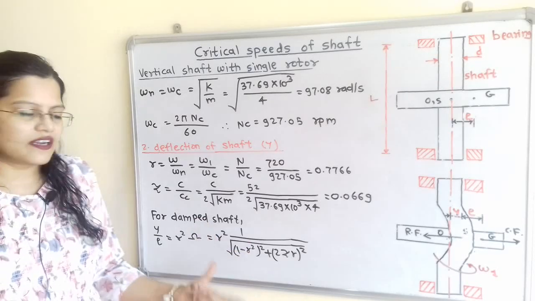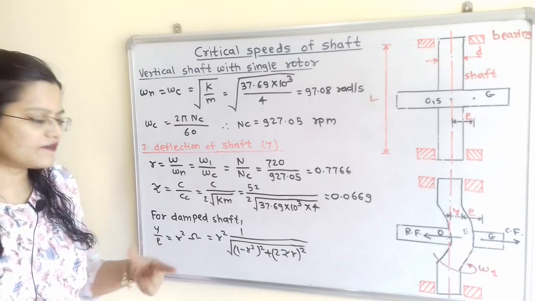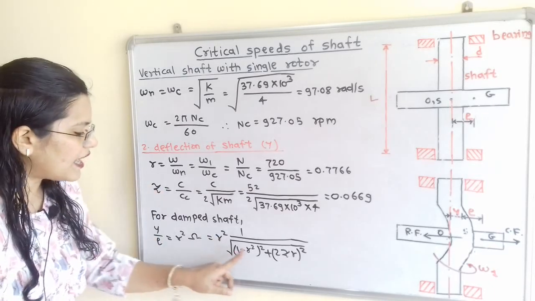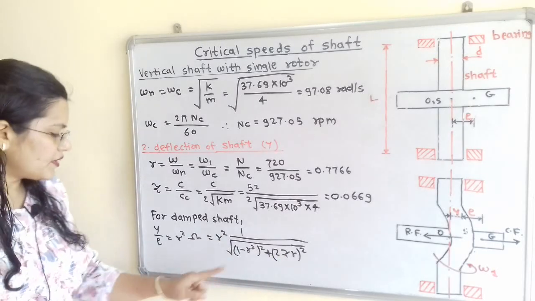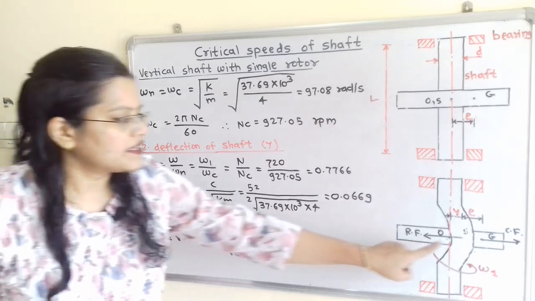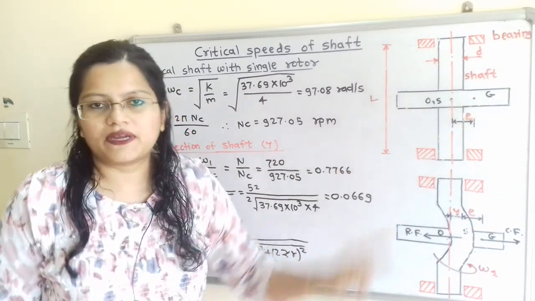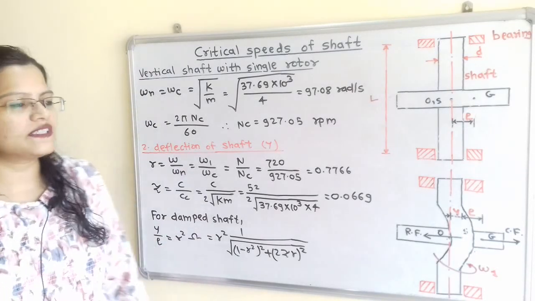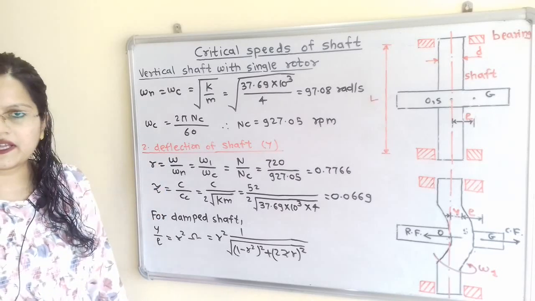To find the value of y, we first have to find r, the frequency ratio, and zeta, the damping factor. Now e, the distance of point G from point S, is mentioned in the question. First we find the frequency ratio r. r is equal to omega by omega n.